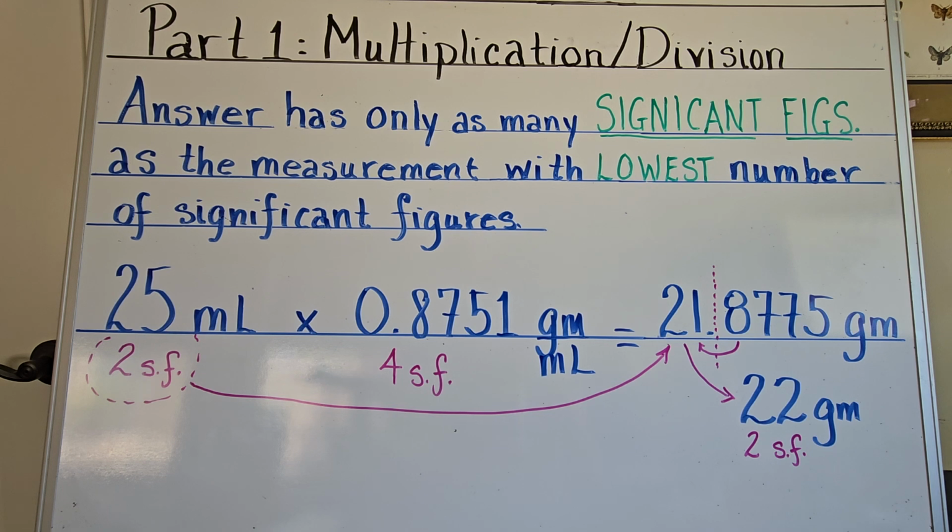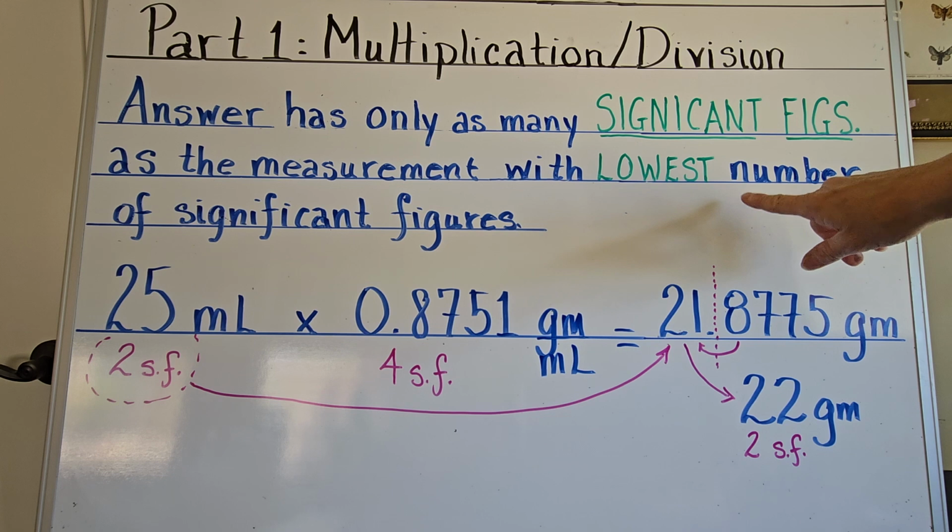For calculations involving multiplication and division, the answer has only as many significant figures as the measurement with the lowest number of significant figures. This number reflects the number we have the least certainty with. If you need review with significant figures, there's a video on this topic.